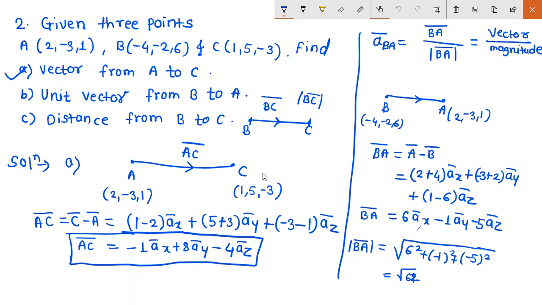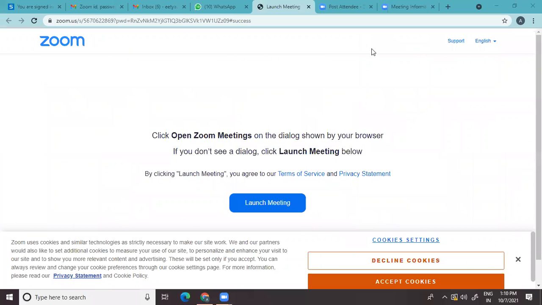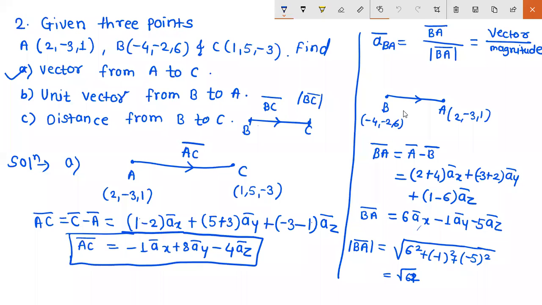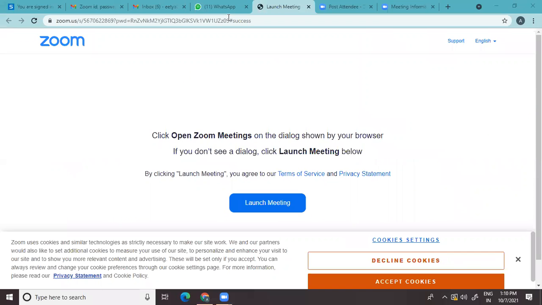Yes. Did all of you solve the example, yes or no? Hello, am I audible? Did anyone solve the example or not? No answer in the chat box also.